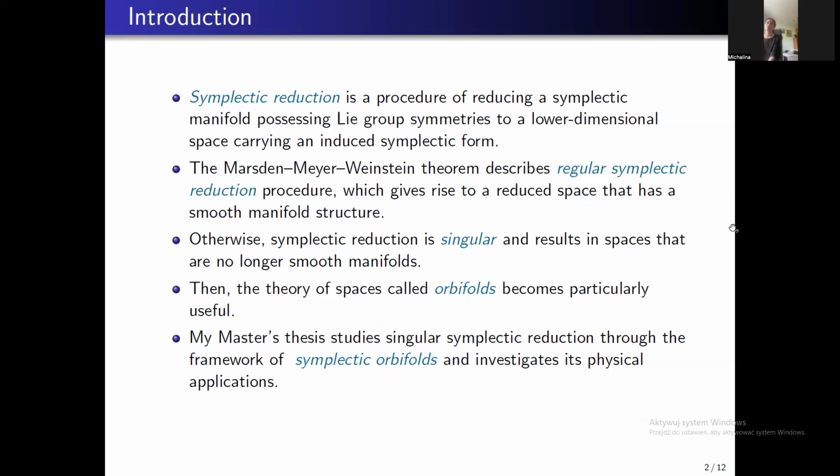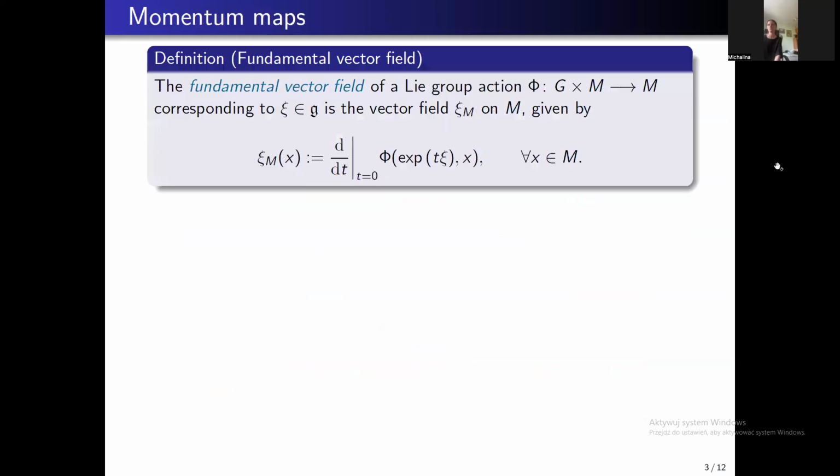My master thesis studies singular symplectic reduction through the framework of so-called symplectic orbifolds, which are orbifolds with a symplectic structure defined on them. This thesis also investigates its physical applications.